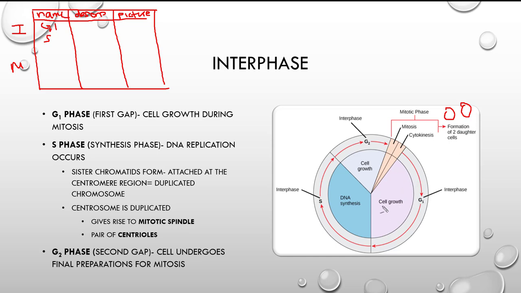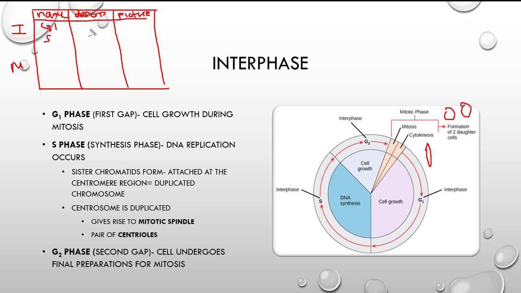At this stage, if this was a human cell, it would have 46 chromosomes in each one of these cells. It's basically just a new daughter cell, and each one of the chromosomes looks like one of those linear chromosomes like that.